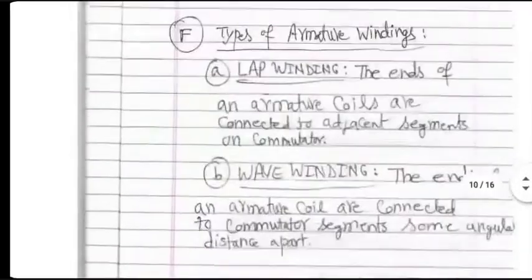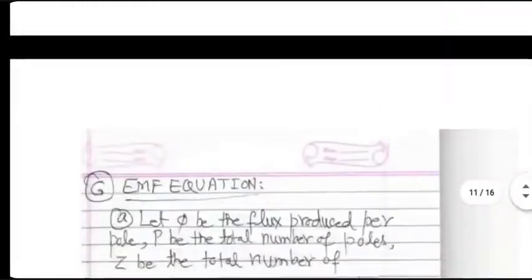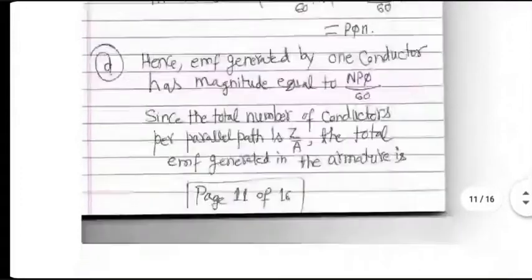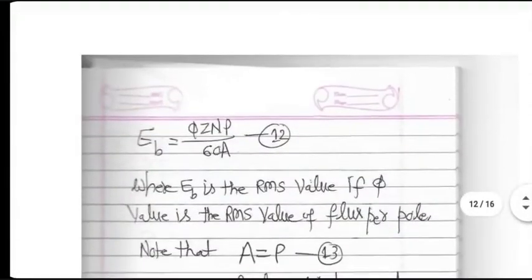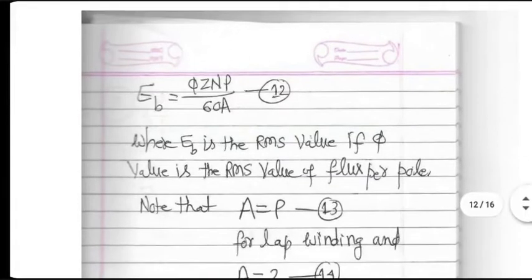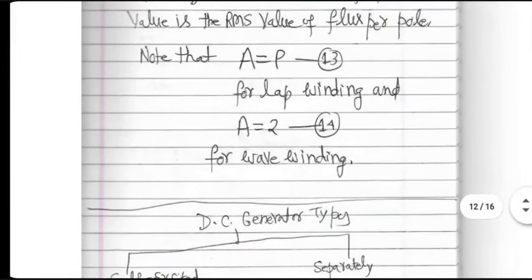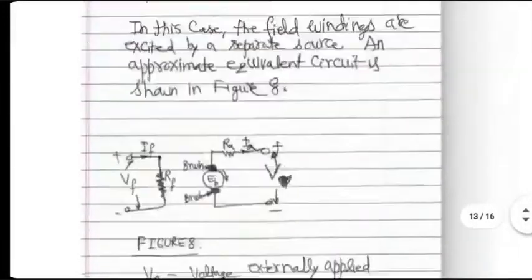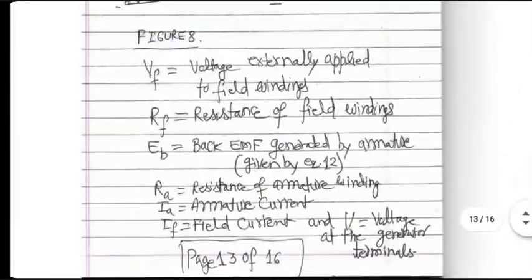I'll just show you once again. This is the equation I'm talking about, where A value depends on the nature of armature winding. Okay, these are the values. So EB will be known for a given machine.